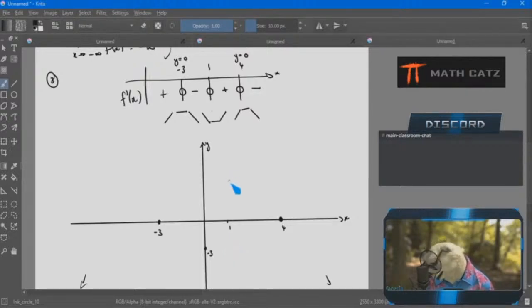Okay. So the step 3 information tells me that I'm making a little crest as I pass through -3. At 1, don't know. I'm making a little cup, which if I'm going to go down through this y-intercept, it's going to have to sit below it. So I'm going to put that point somewhere over here.